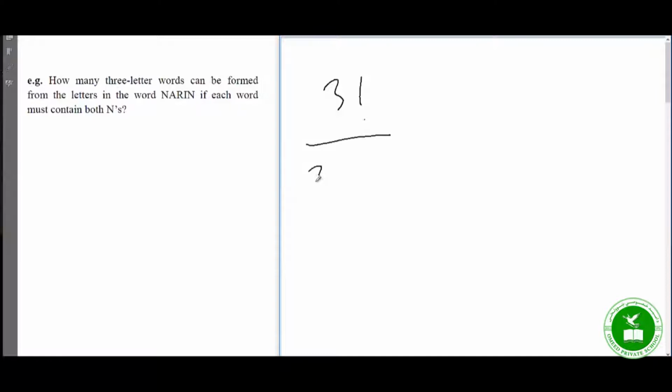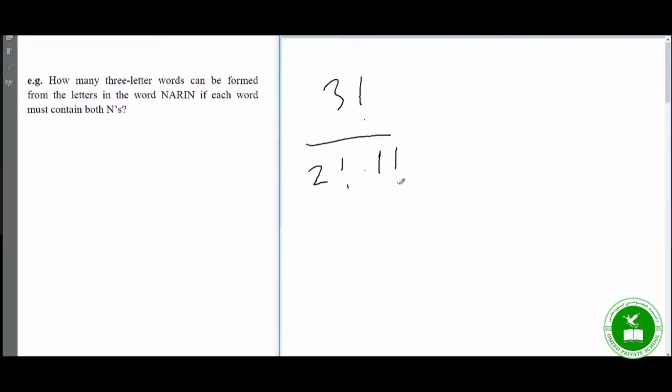There are 2 N's, so 2 factorial times 1 factorial, because we don't have any other choice. But 3 factorial over 2 factorial times 1 factorial is only for one of the other 3 letters, A or R or I.